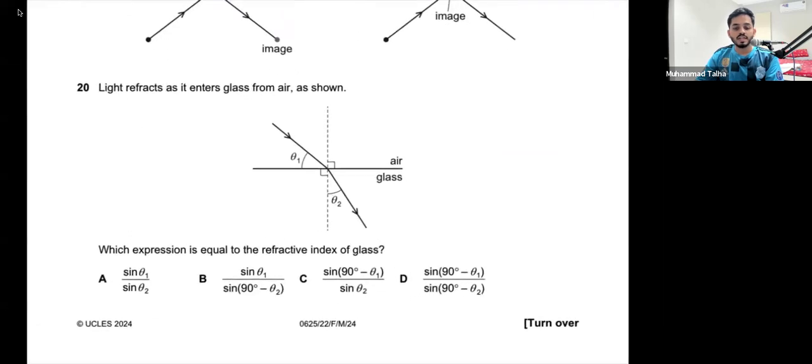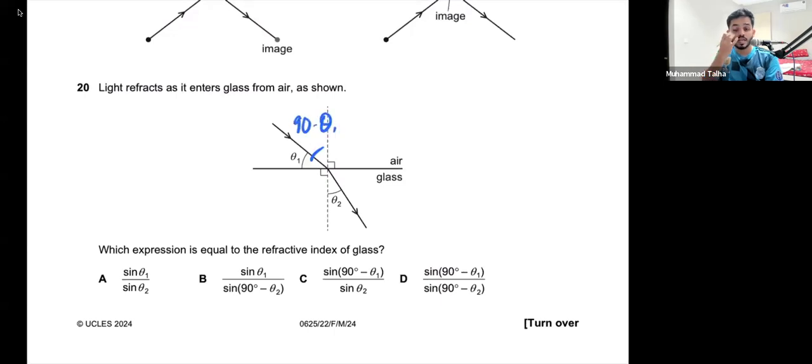20, light refracts as it enters glass from air is shown. Which expression is equal to the refractive index of glass? I can see here that for refractive index, I need angles with the normal. One of these here is not with the normal. So if this is 90, that also means this is 90. So this angle that we need with the normal is 90 minus theta 1.